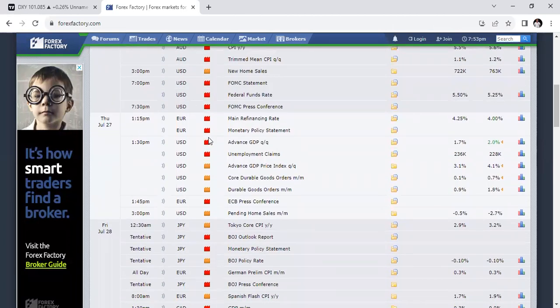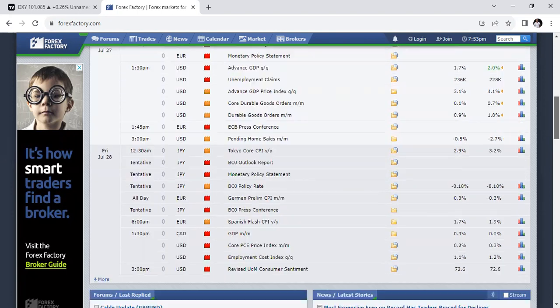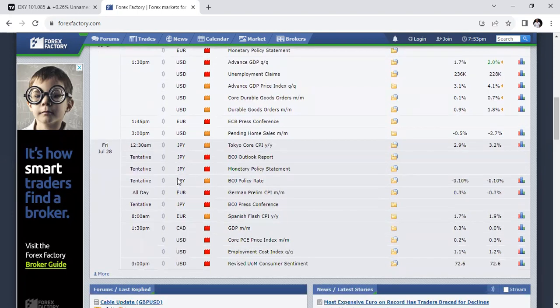Then on Thursday, the Euro at 1:15 p.m., followed by the USD red folder news at 1:30 p.m. and then the Euro at 1:45 p.m. Then on Friday, it will be the Japanese yen.